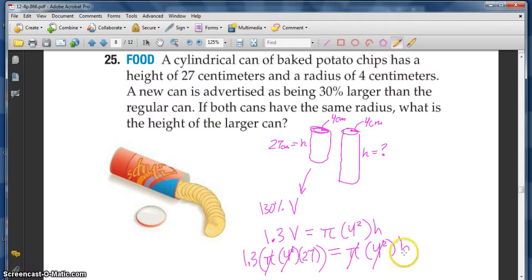So that just leaves us with the height is equal to 1.3 times 27. And if we calculate that, we get 35.1 centimeters. So the height of the new can, which is 30% larger, is 35.1 centimeters.